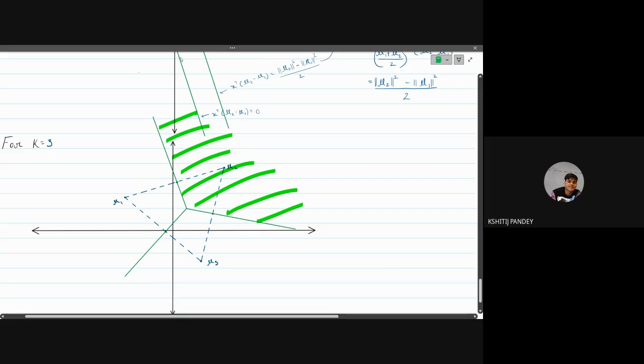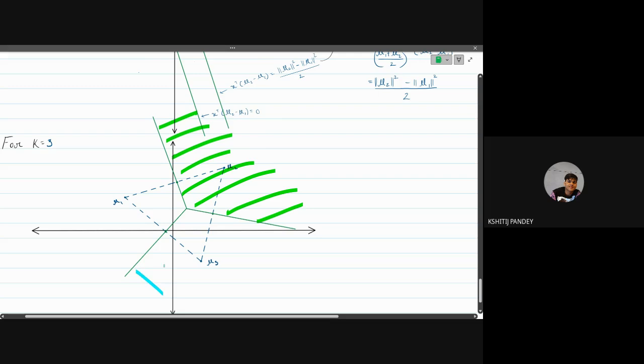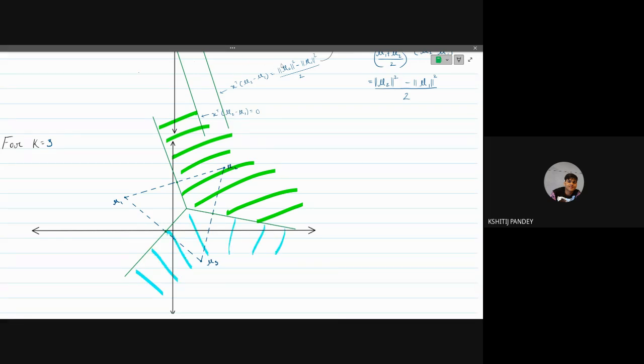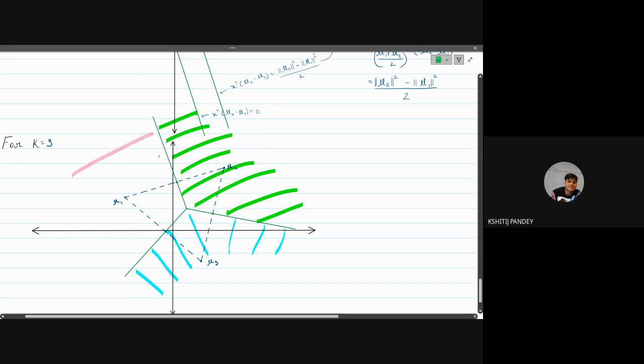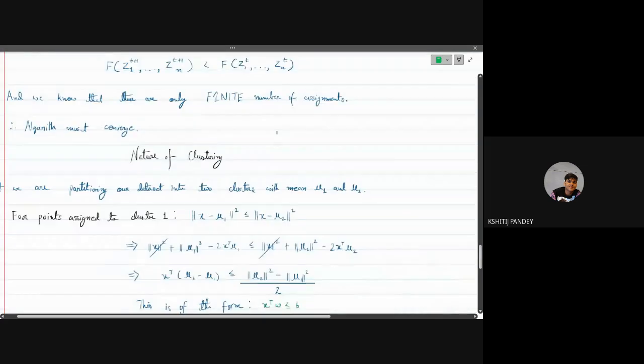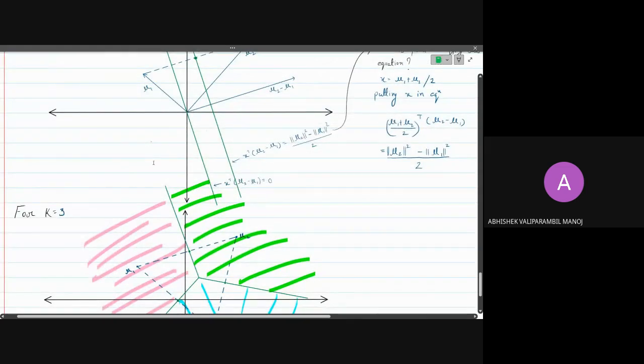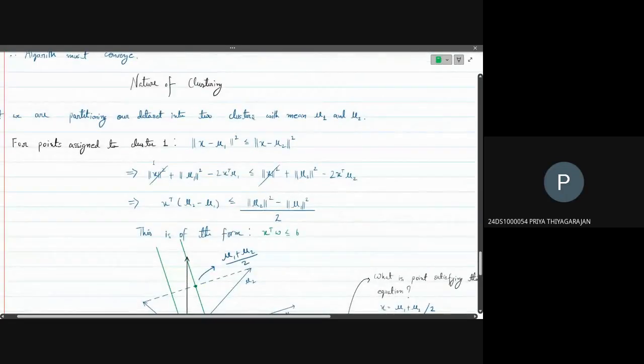And region 3 is this. This is region 3. So is this clear? This is the geometrical interpretation, or nature, of clustering.